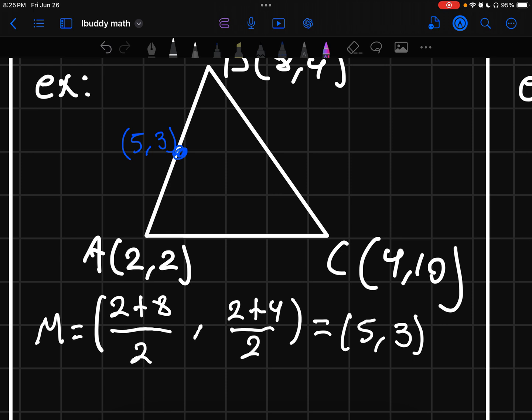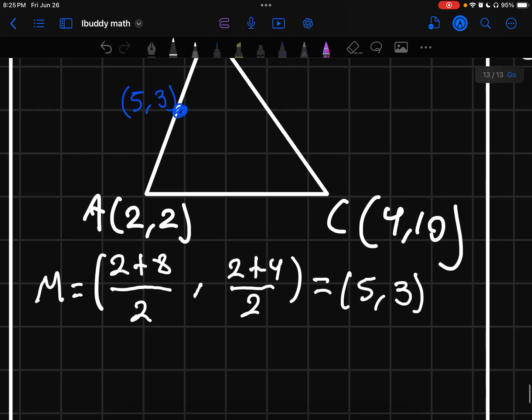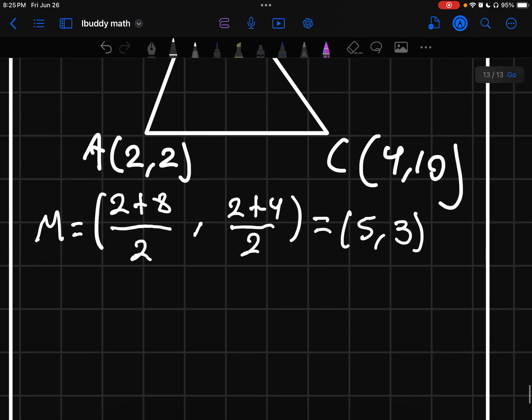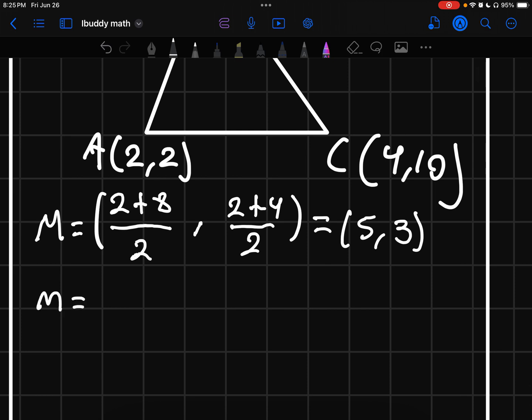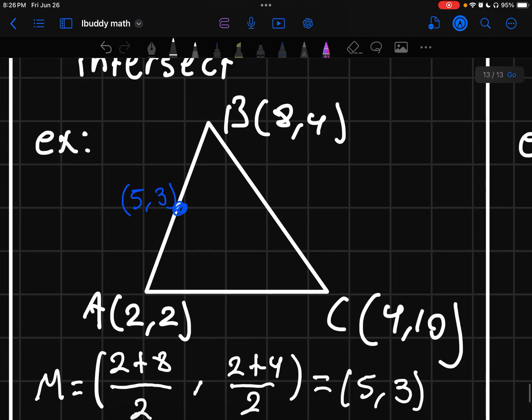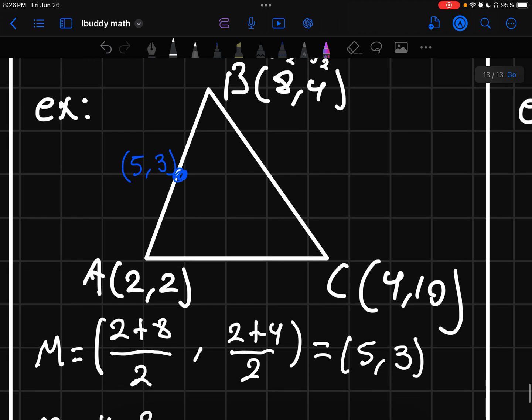Now we have to find the slope of AB, which is just the slope is equal to 4 minus 2 over 8 minus 2, because this is y2, x2, and this is y1, x1.